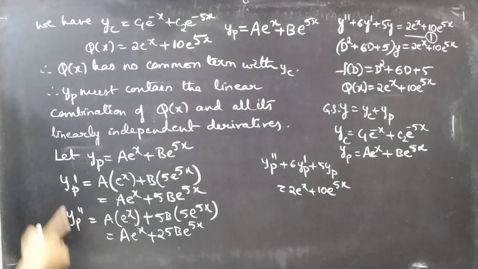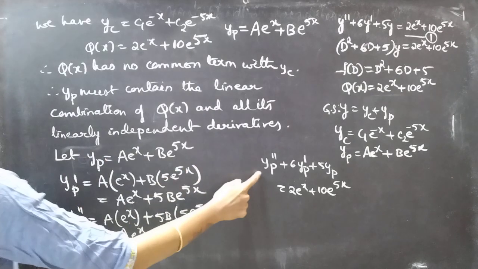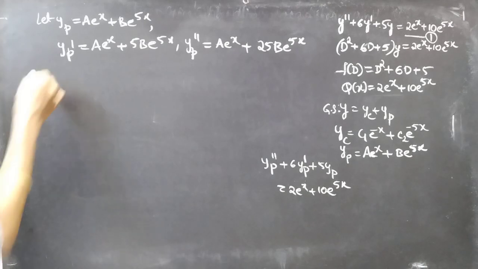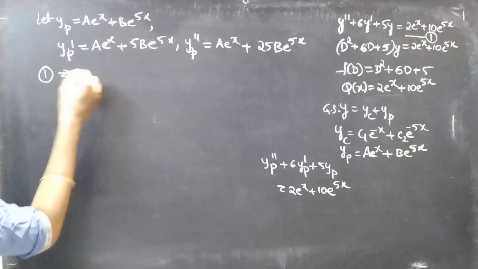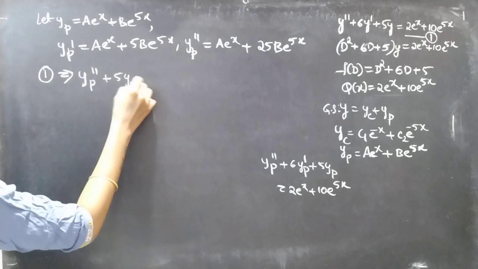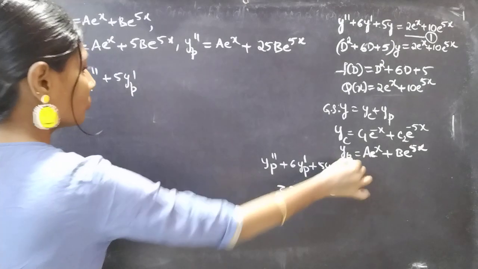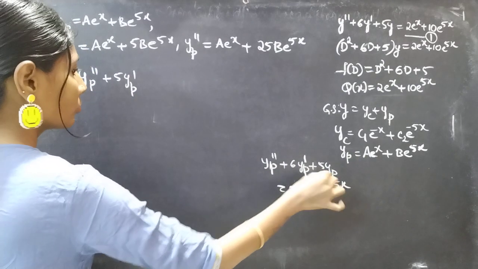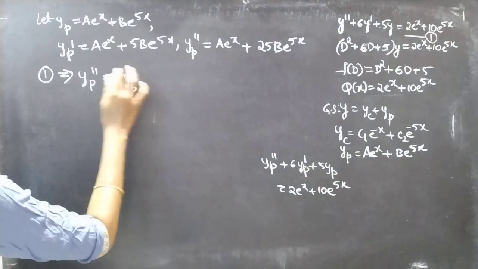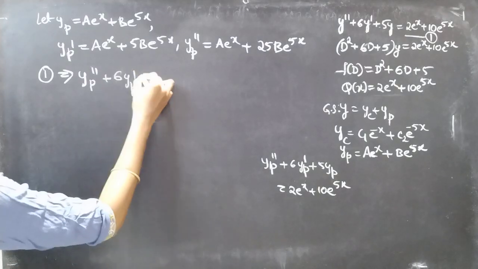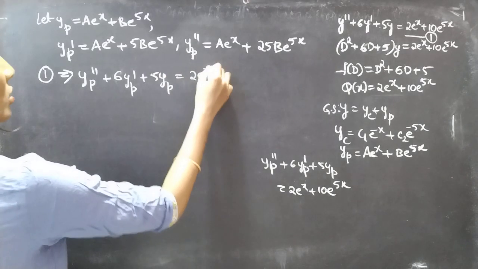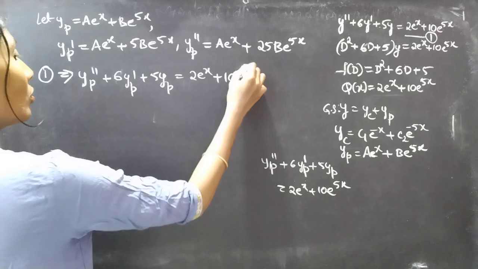Now substitute yp double dash, yp dash and yp in this equation. It becomes yp double dash plus 6 yp dash plus 5 yp equal to 2 e power x plus 10 e power 5x.